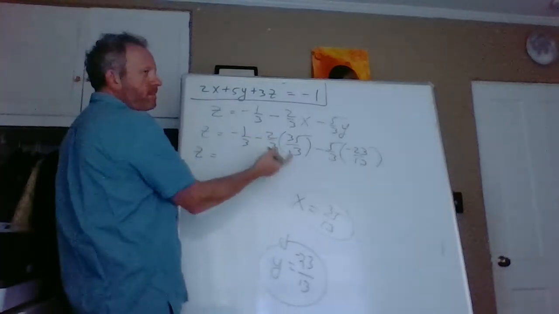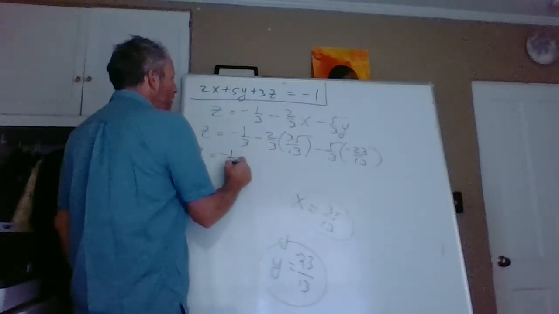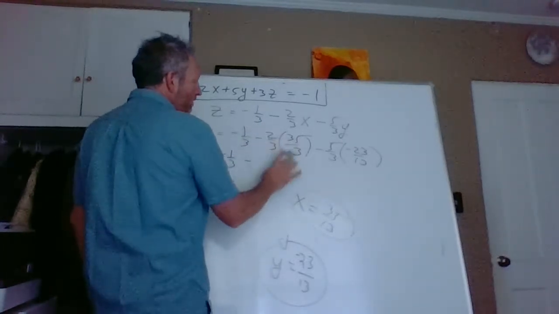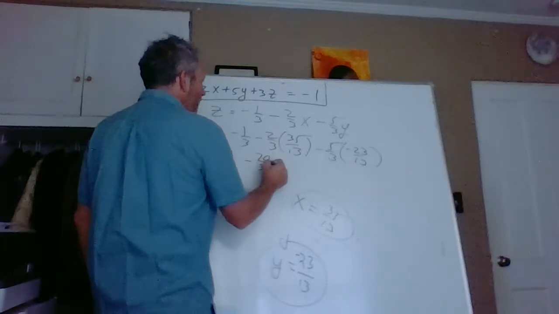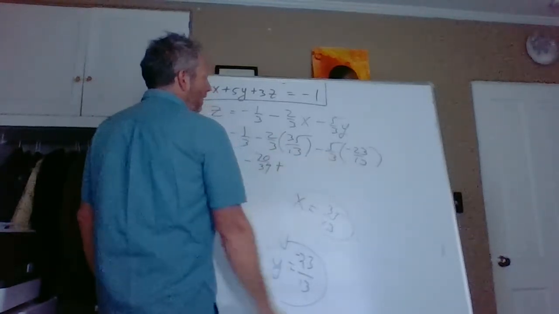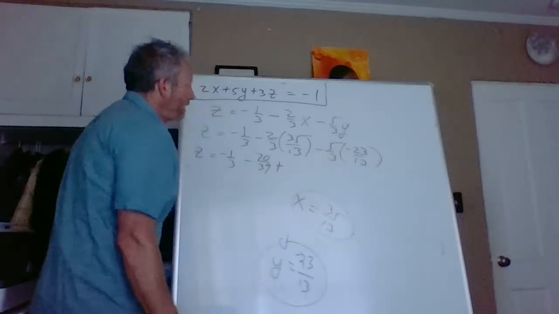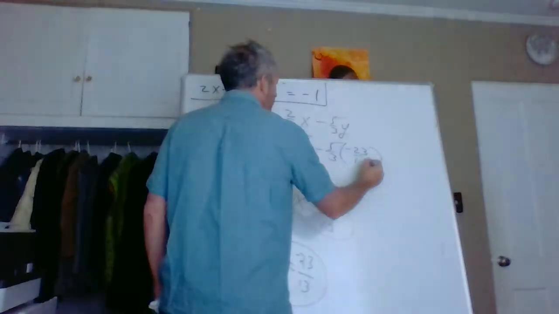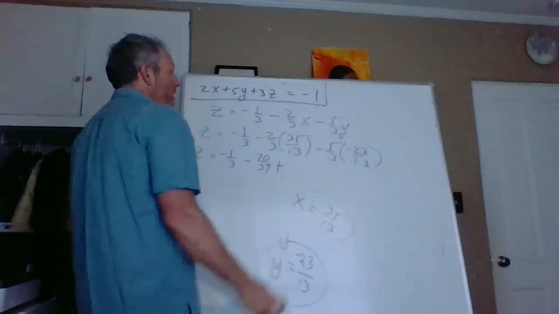See, it looks like a daunting task, but we can do it. Negative 1/3 minus, notice we don't really get any nice cancellation here, do we? So 70 over 39 plus negative times a negative. Can I read my own writing? This just got scary. That's a 13. Yikes. Almost couldn't read my own writing. No, so we don't get any nice cancellation.